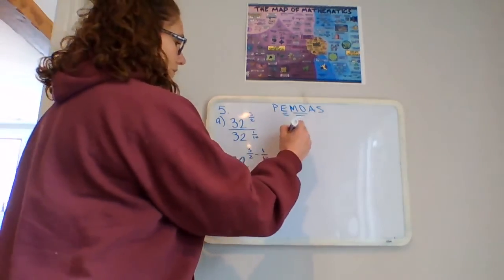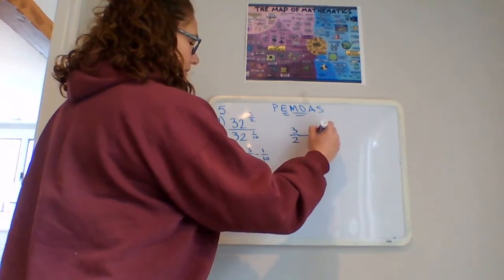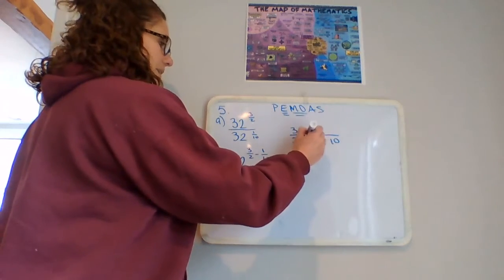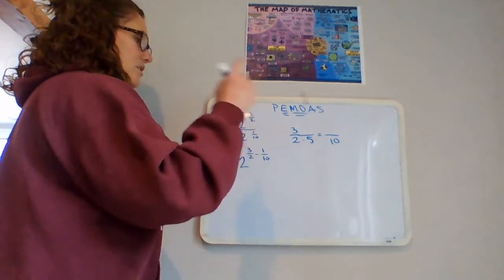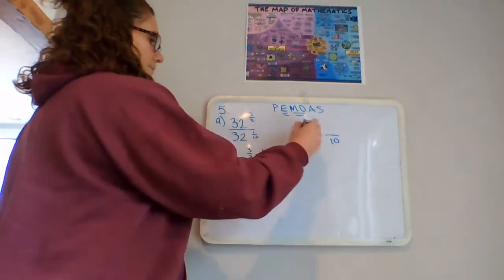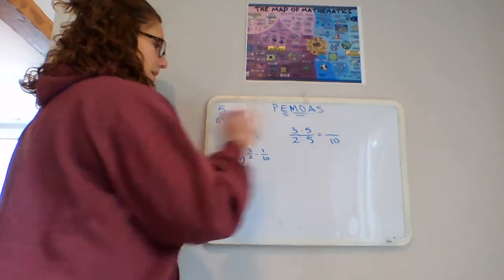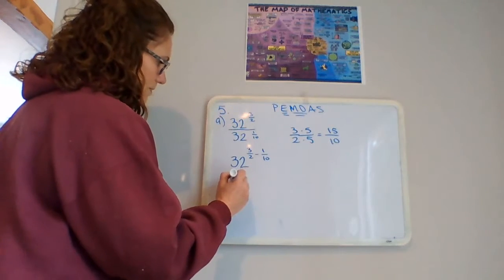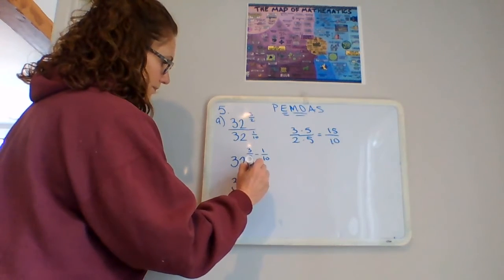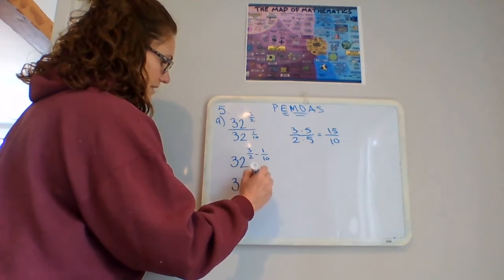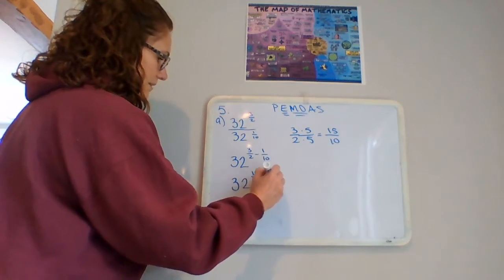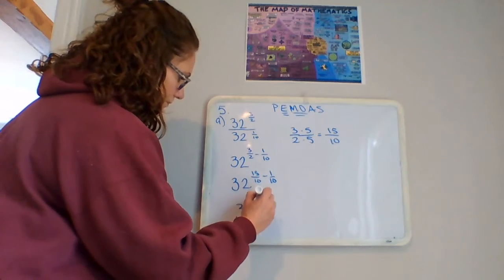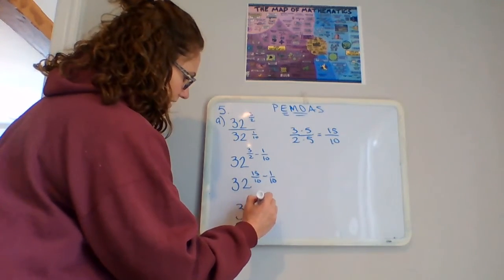If you want 3/2 to become something over 10, you have to multiply the denominator by 5. But if you multiply the denominator by 5, you have to multiply the numerator by 5. So you get 15/10. So this becomes 32 to the 15/10 minus 1/10, which is 32 to the 14/10.